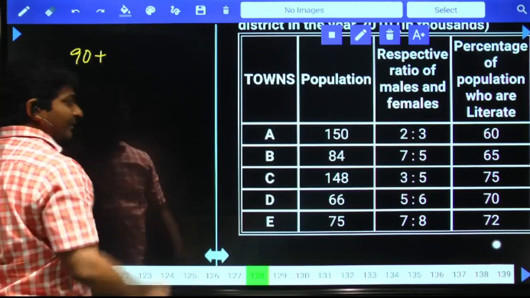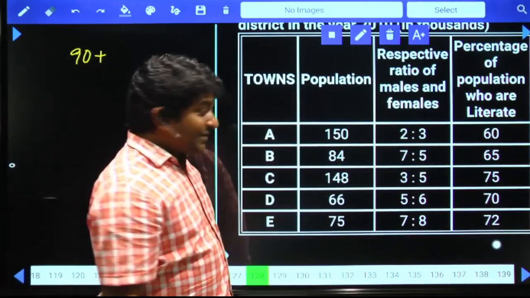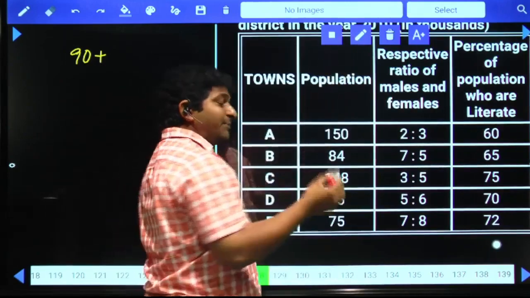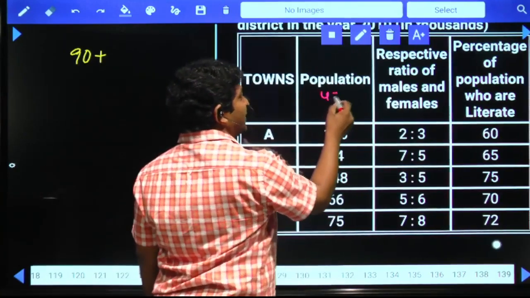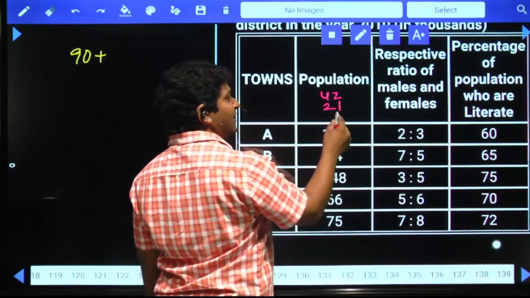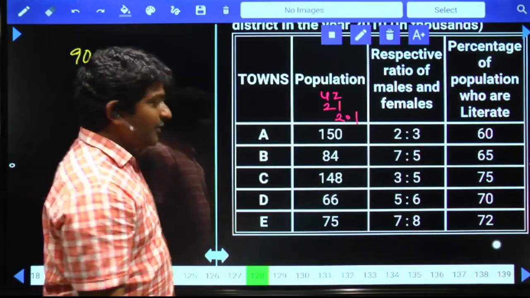And then 65% of 84, they are literates. 65%, how to calculate? 50%, 10%, 5%. 50%, 42. 10%, 21. 5%, 2.1. Total 65.1.